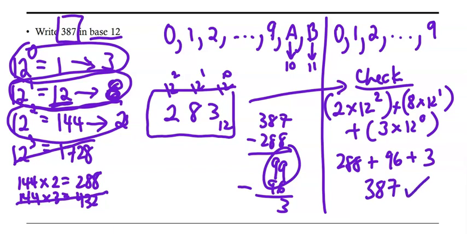And one more example. Let's write 257 in base 9. All right, so once again, I'm going to think of the digits in base 9. That's really just 0, 1, 2, dot, dot, dot, all the way through an 8.